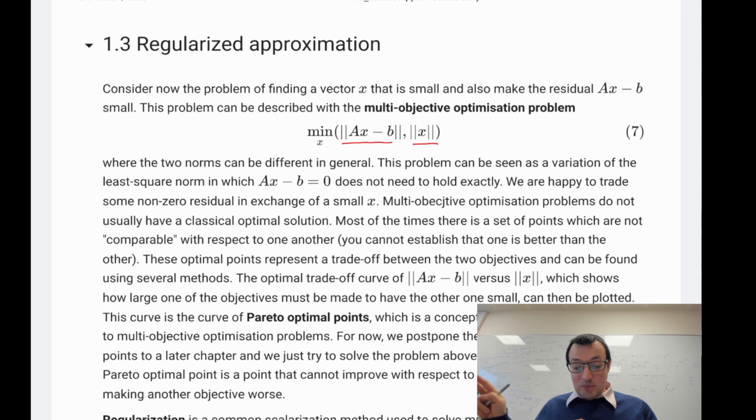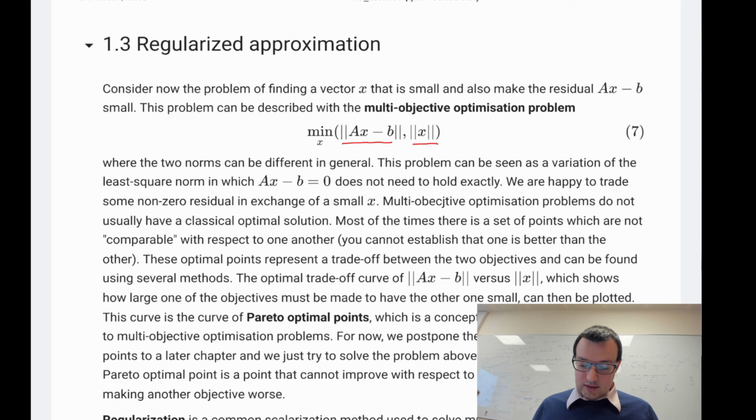But if instead we care more about the second objective rather than the first, the optimal solution will be different. It's still an optimal solution for essentially a different problem. So this is to say that the standard concept of optimal solution doesn't work in multi-objective optimization problems, and there is going to be a trade-off between the first objective and the second objective.